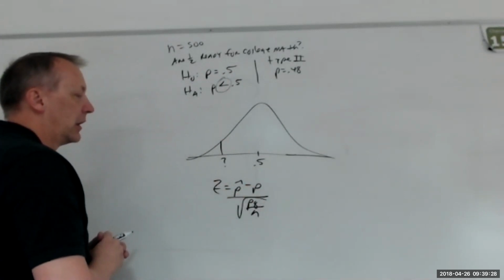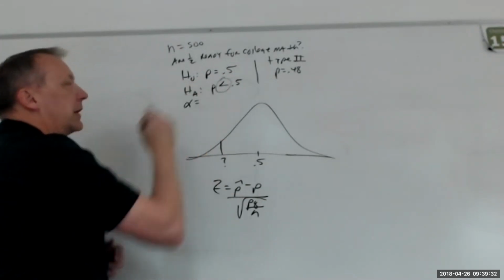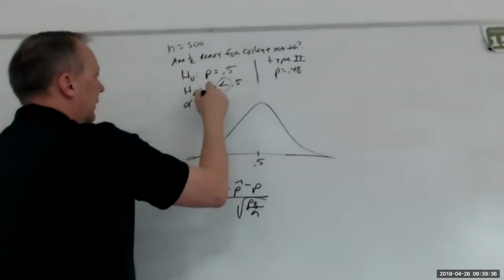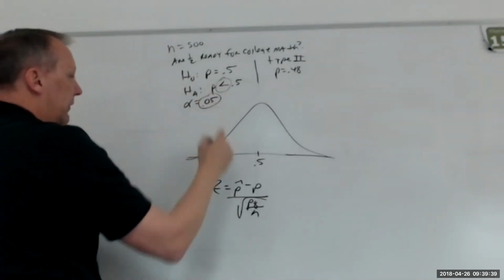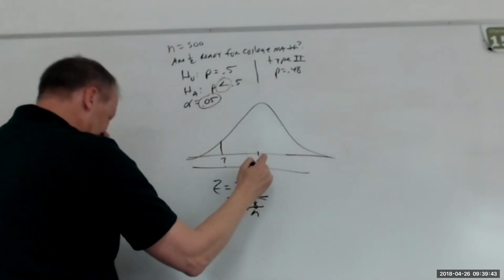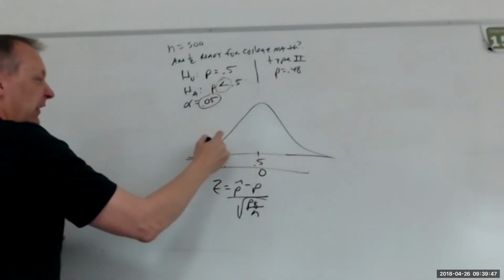Okay. And what's my alpha, I guess? I probably should ask that. 0.05. Okay. So based on that, if I convert that to a standard normal, this becomes 0, and I've got 5% here.